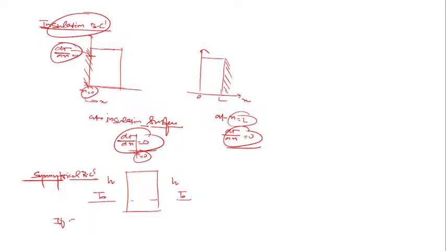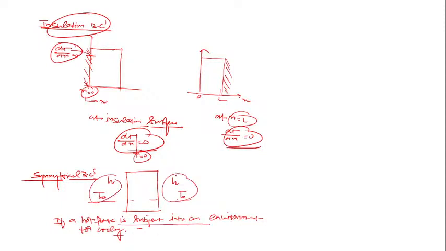If a hot plate is subjected to an environment for cooling, it means the same environment is there on both sides.